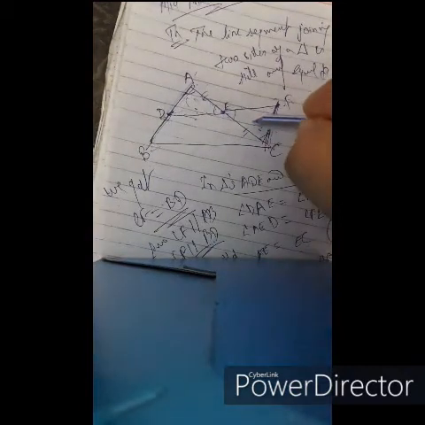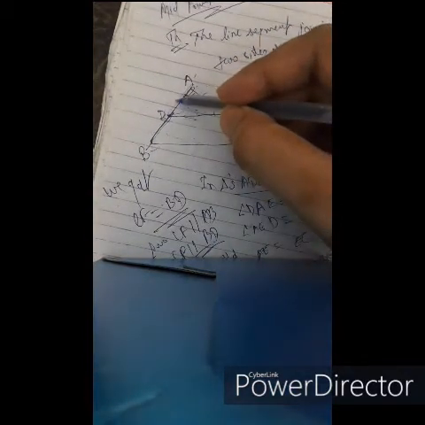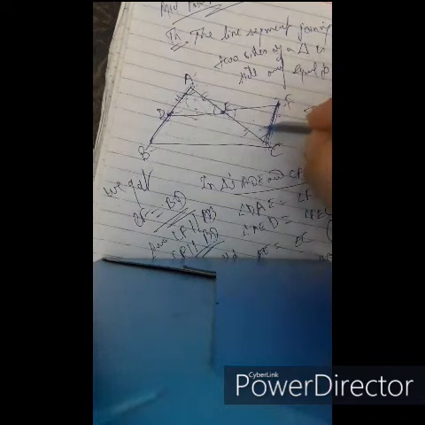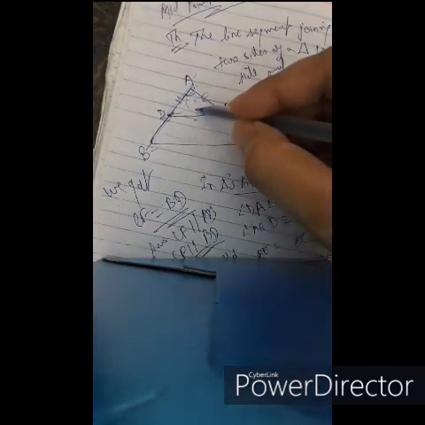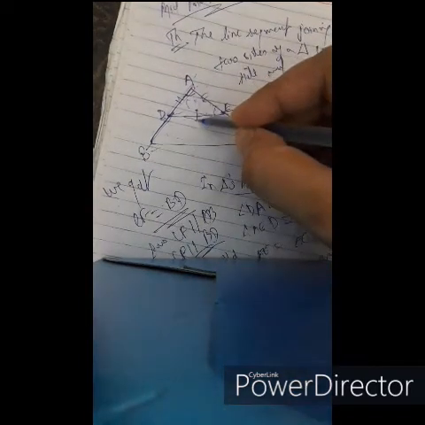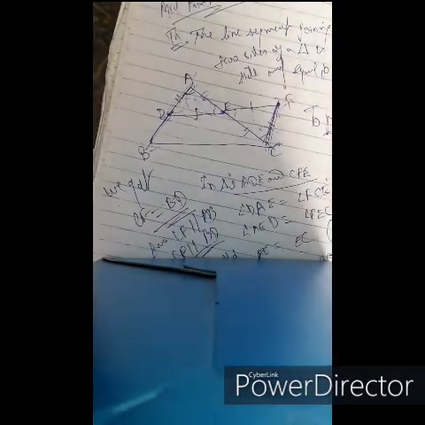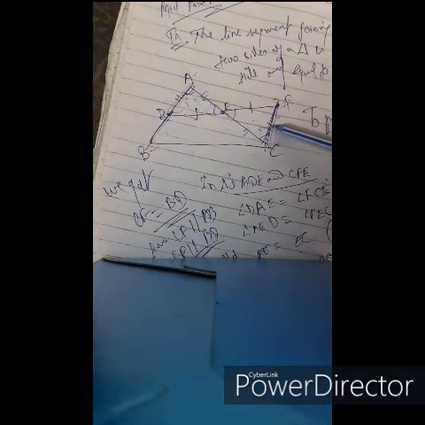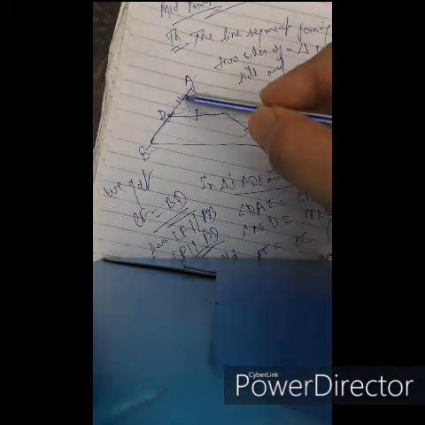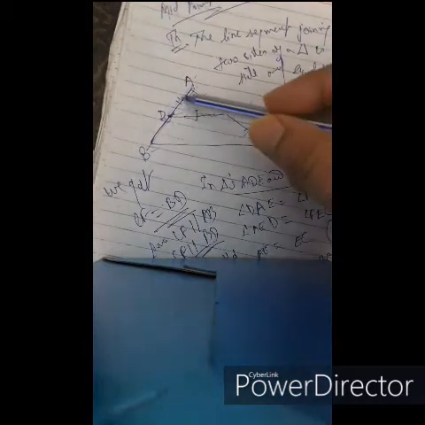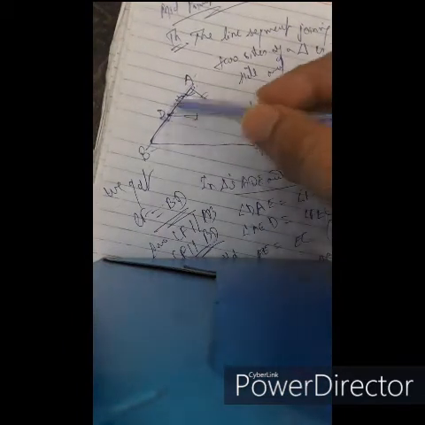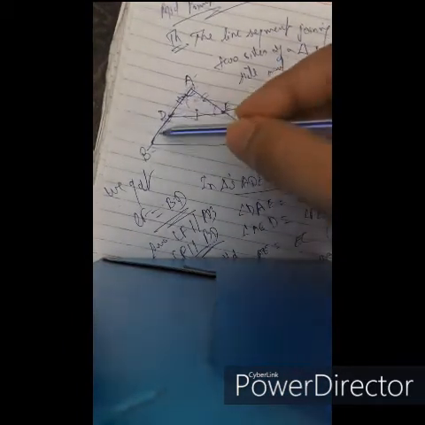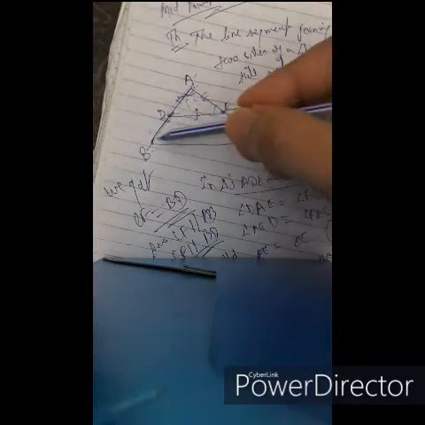Then by CPCT we will take this side equals this side after proving congruency, and this side equals this side. These two parts we will take. Since D is the midpoint of AB, these two parts are equal, so we get CF equals BD.